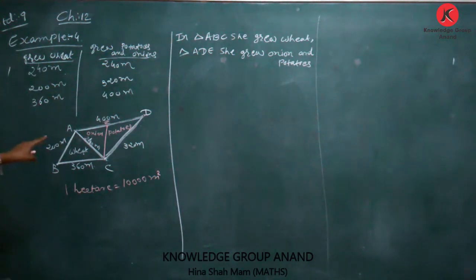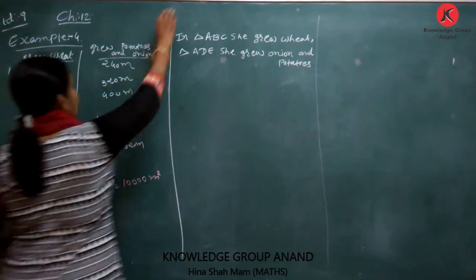Now we find the area. First we find the area of triangle ABC.